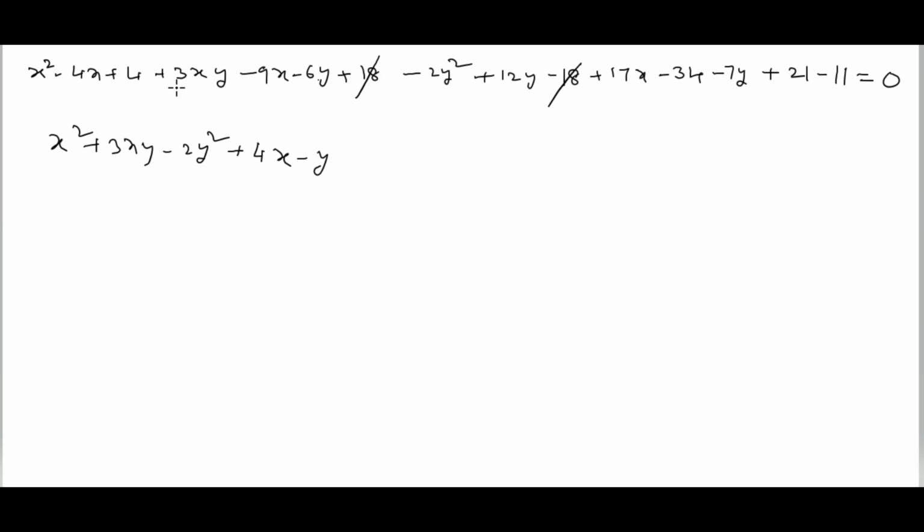Here is 4 minus 34, that is minus 30 plus 21, that is minus 9 minus 11, that is minus 20 is equal to 0. This is the answer.